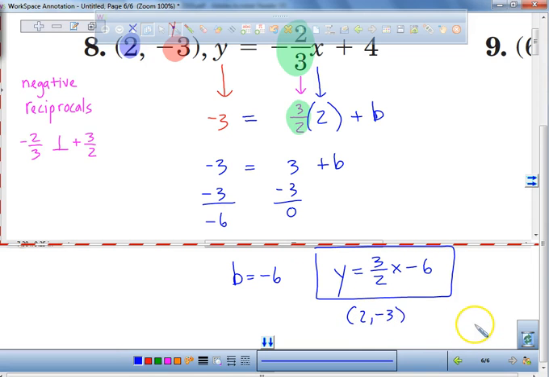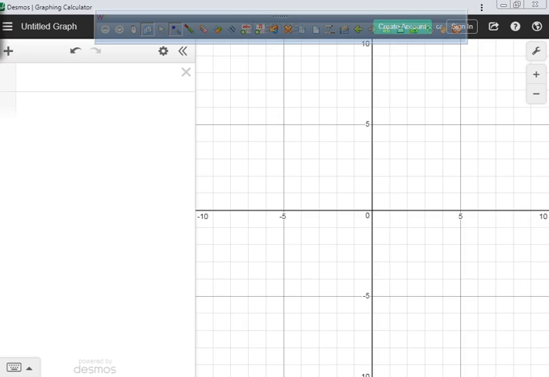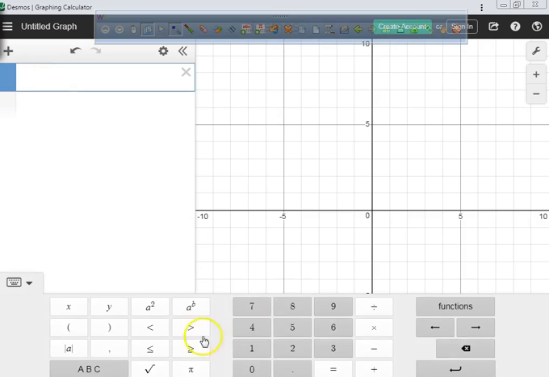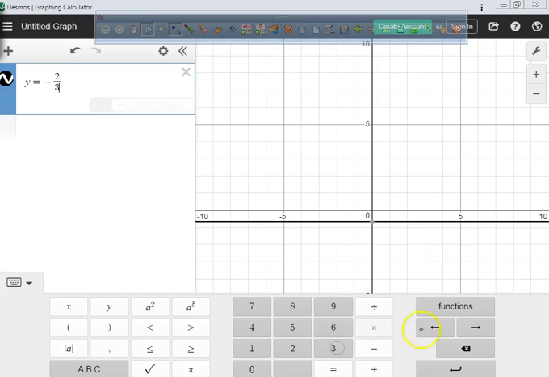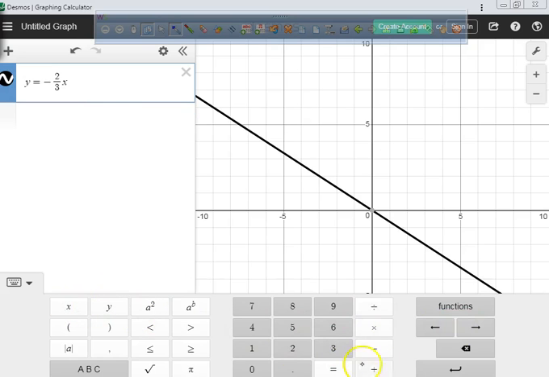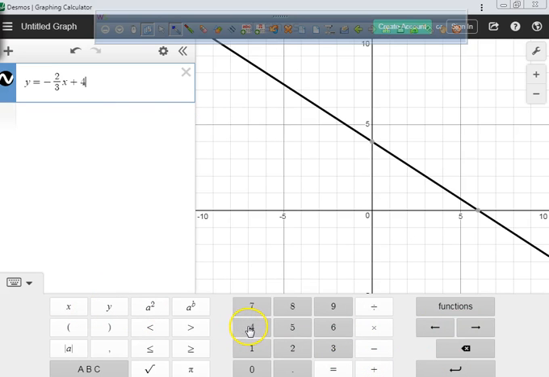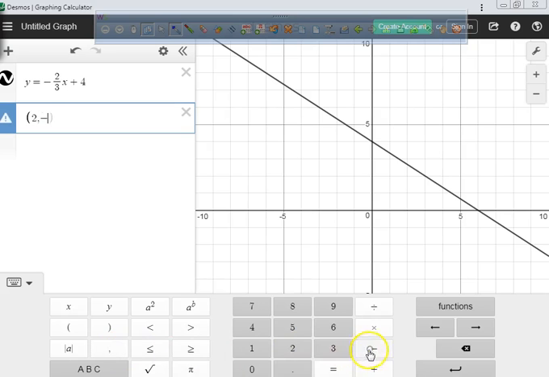Now this equation should pass through the point 2, negative 3. So what I'm going to do right now is use Desmos to prove that I have the correct answer. I'm going to type in my original function, which is y equals negative 2 divided by 3 x plus 4. Underneath it, I'm going to write the ordered pair that I had, 2, negative 3.